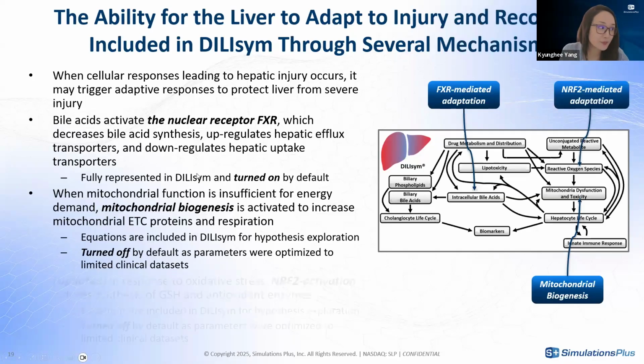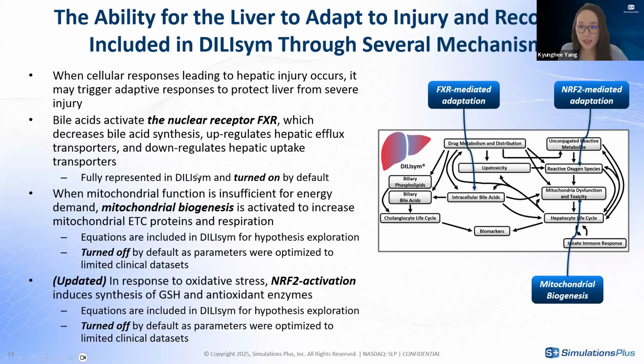So in the future, we are hoping to identify more clinical data to further validate this biogenesis parameter. And what's updated in the current version 11 is NRF2 response in response to oxidative stress. So NRF2 activation induces synthesis of glutathione and antioxidant enzymes. Again, another way to protect liver from those damages.